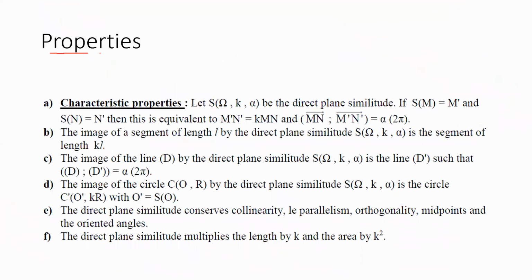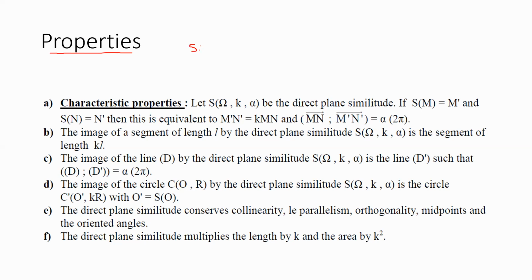Properties. This is the first. The first one is the most important property. We are going to use it in every exercise of similitude. هذا البروبرتي.